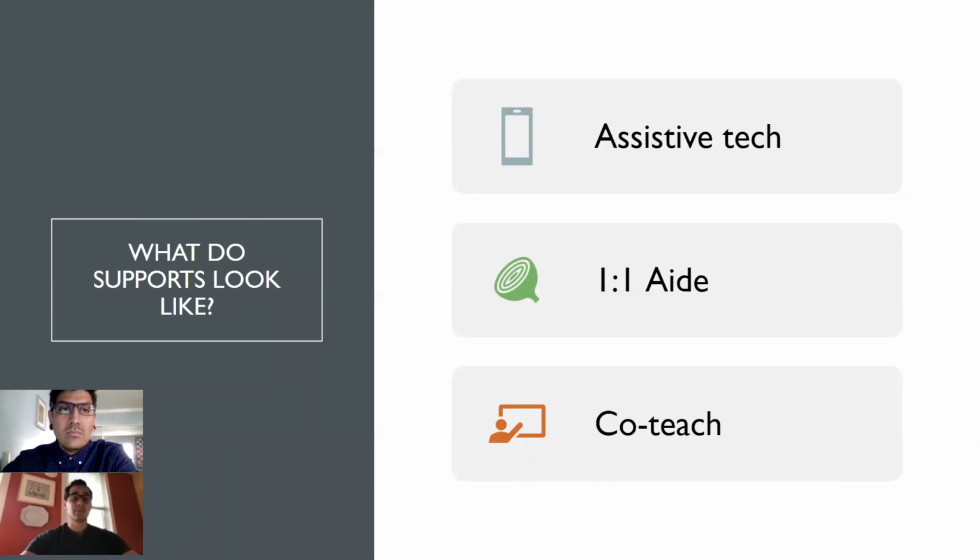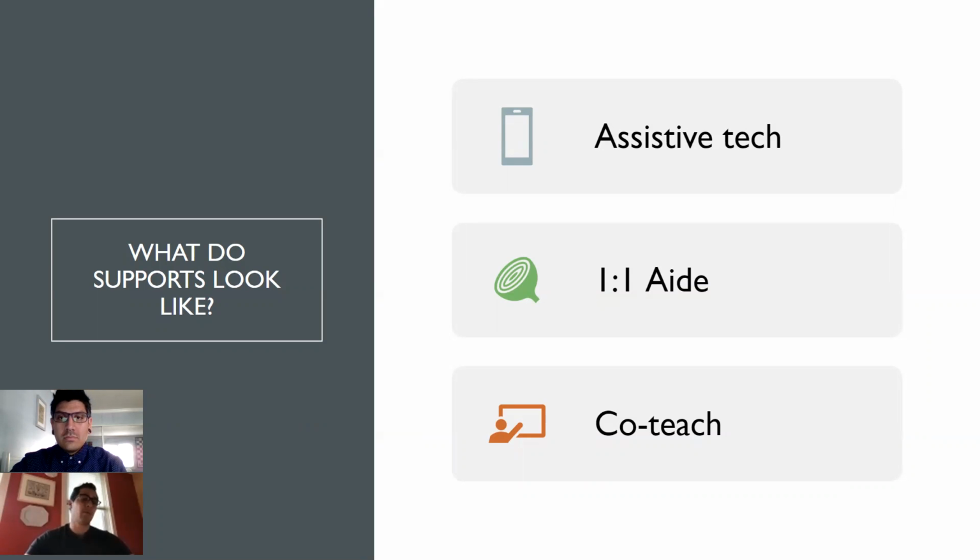Now, some supports and what they might look like in an inclusion class is, for one, assistive tech. This could be technology to help somebody communicate. This could be technology to enlarge print. Anything, any sort of technology that would help them be successful in their classroom. Another one would be a one-on-one aide.